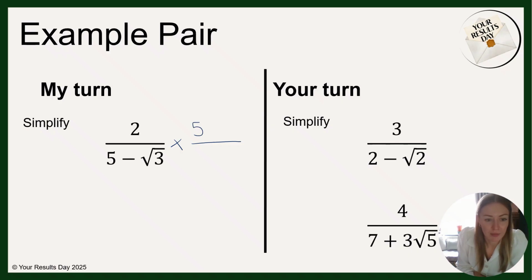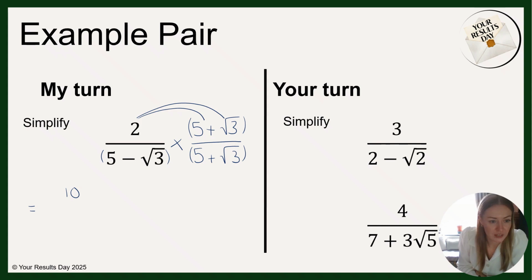So I'm going to multiply it by 5 plus root 3 over itself. So when we come to expand this, you can almost think of this as being in brackets, this being in brackets, this being in brackets. So on the top, you've got 2 times 5, which is 10, and 2 times root 3, which is 2 root 3.